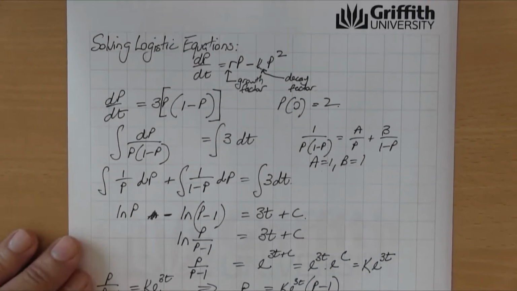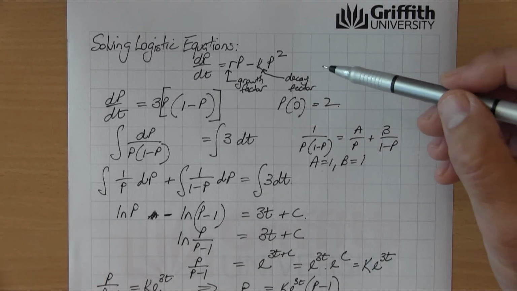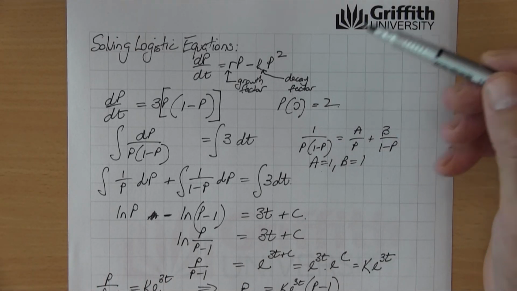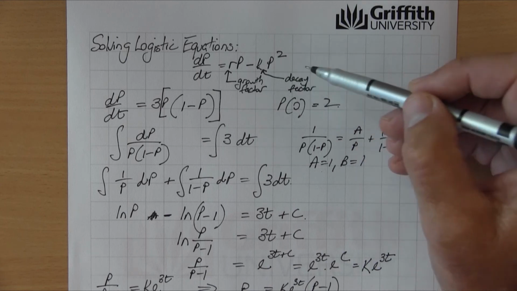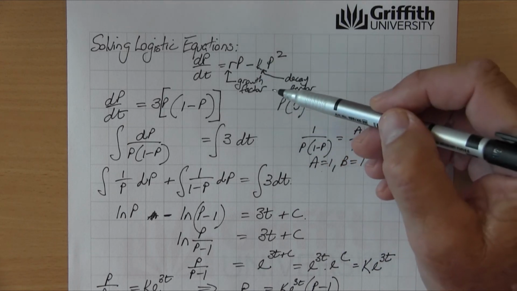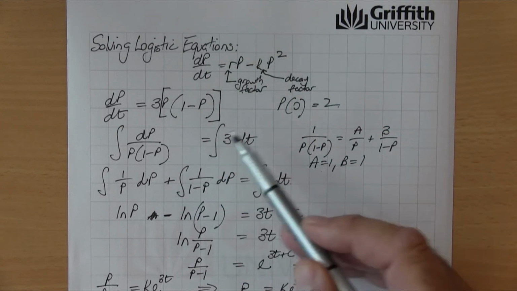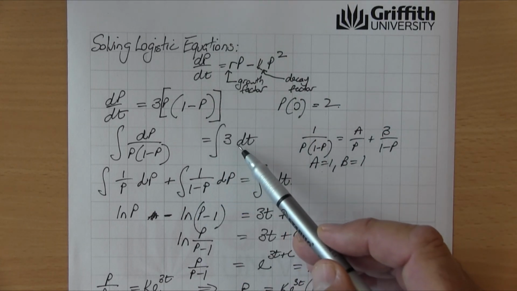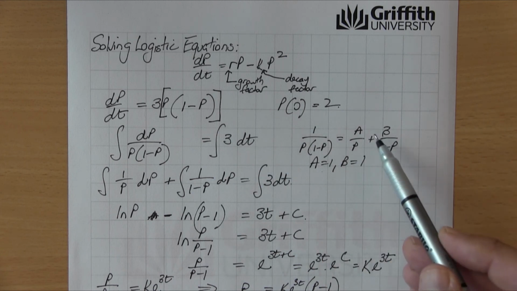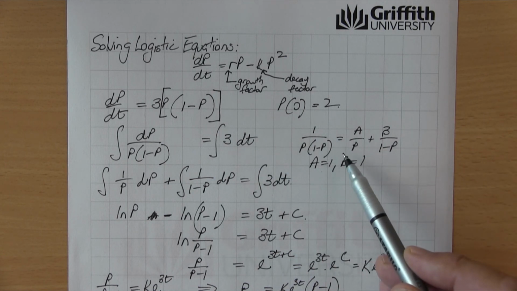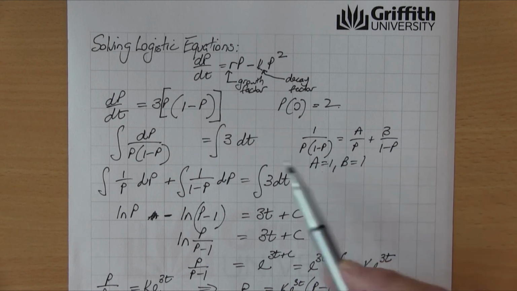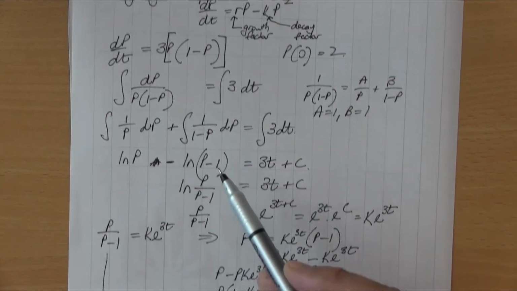Just going back again, this is an example of a logistic equation. There are other models similar to this, but it's an example of a separable differential equation. We get all the P's on one side, and the other terms that don't contain P on the right-hand side. We can use any method we've learned up until now, one of them being splitting into partial fractions.